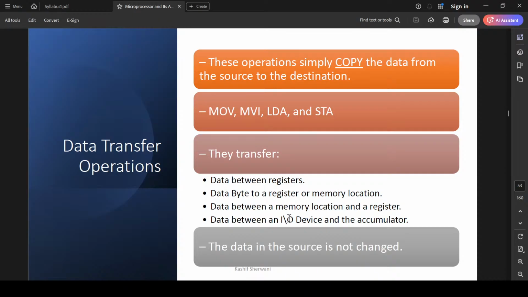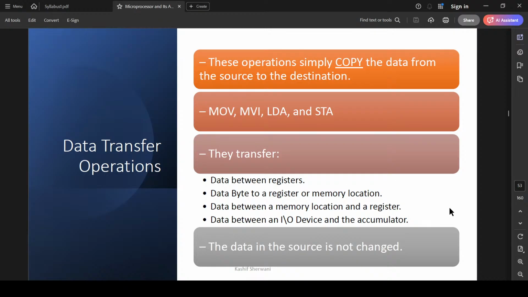Data between a memory location and a register, so to and from. Data between an input output device and the accumulator directly. The data in the source is not changed.